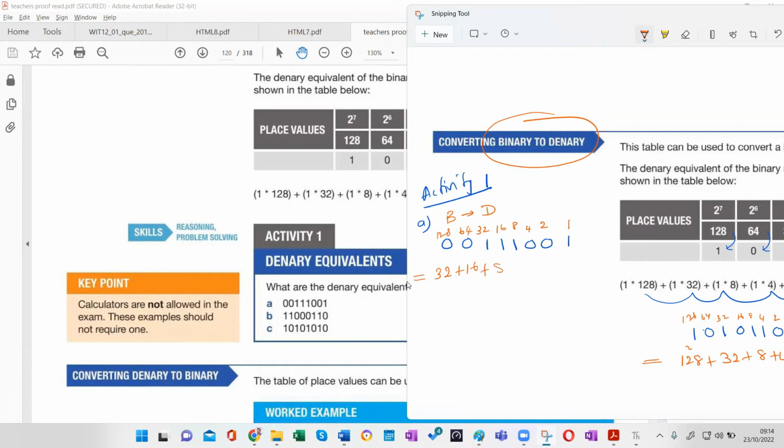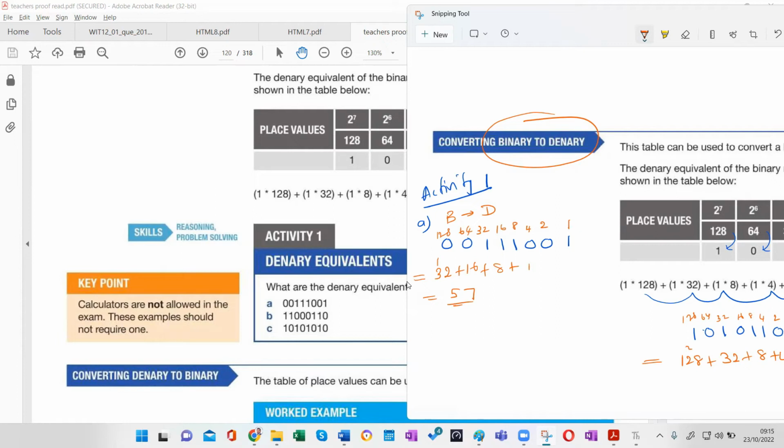Add 8. No 4s. No 2s. There's 1. Super easy, right? And then add them together. 32 plus 16 is 48. 48 plus 8 is 56, plus 1 is 57. That's the answer. So this is denary 57.